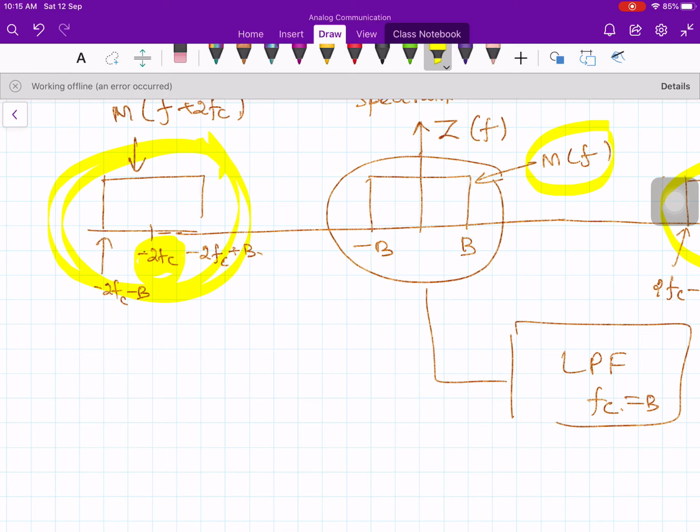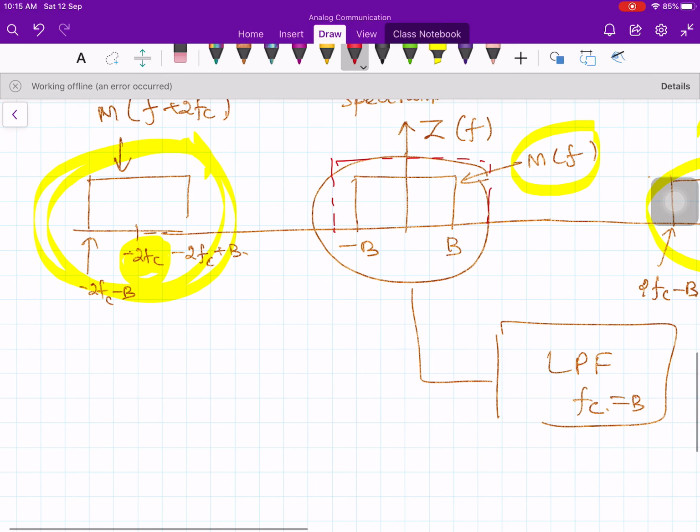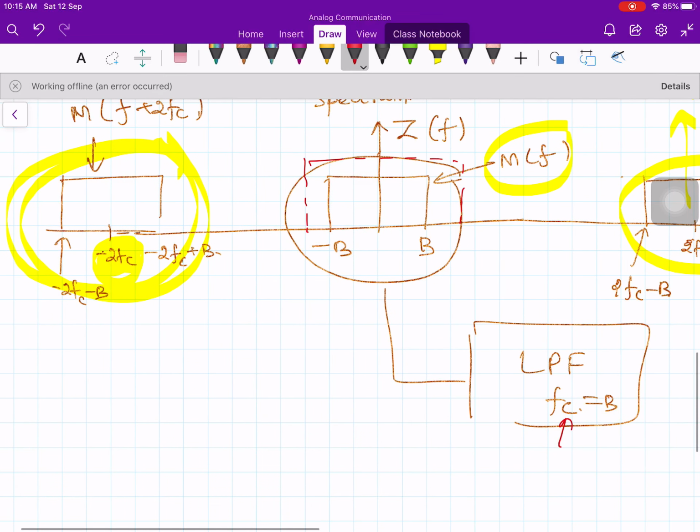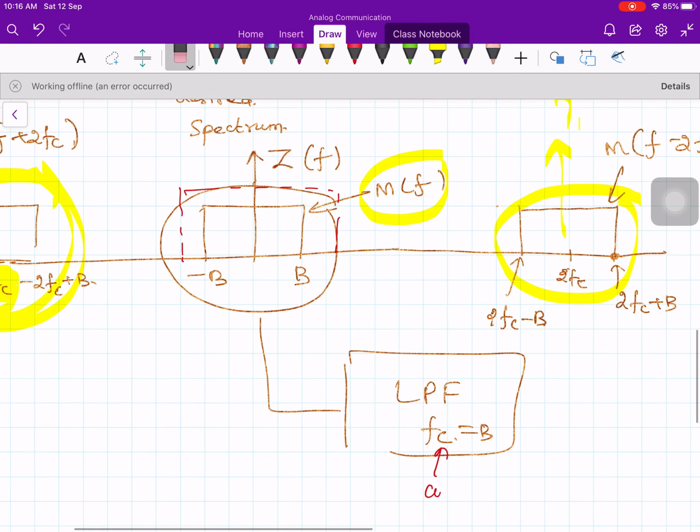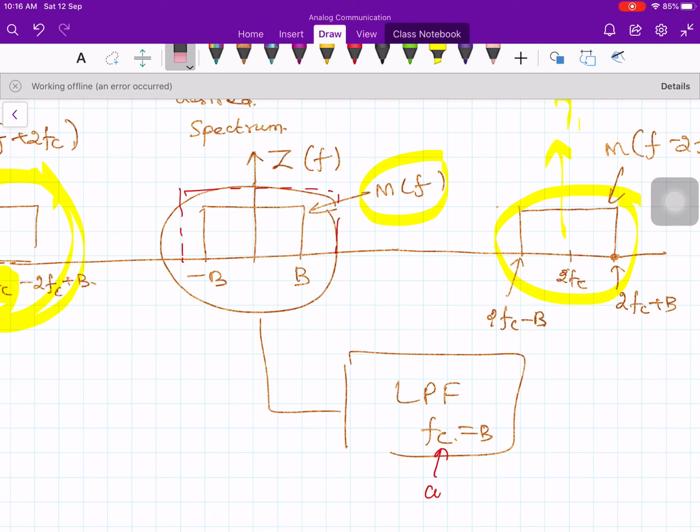Okay. Now you choose, let's say, this is my low pass filter. Then this is my cutoff frequency. Don't confuse, maybe I will write down something else, because here also there is suffix c and here also suffix c. So let me write some other notation. Cutoff frequency, let me put f alpha.